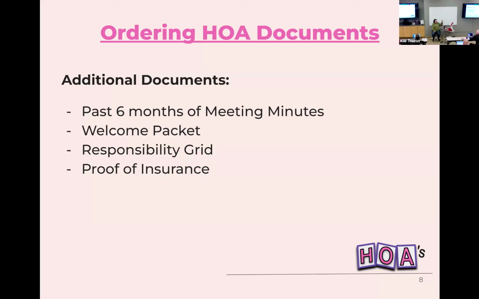Most associations are part of MNCIHO, a Minnesota organization that really promotes associations to have a lot of disclosure and be really forthright about the care and maintenance of their properties. And so what the responsibility grid does is it leaves nothing up to question.